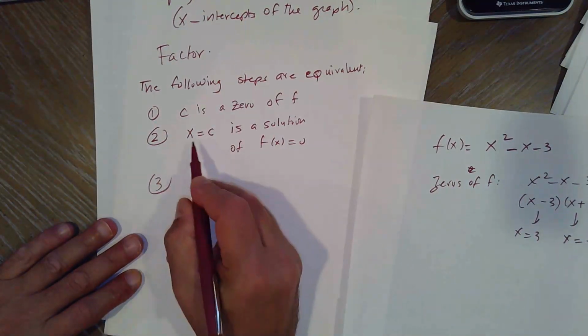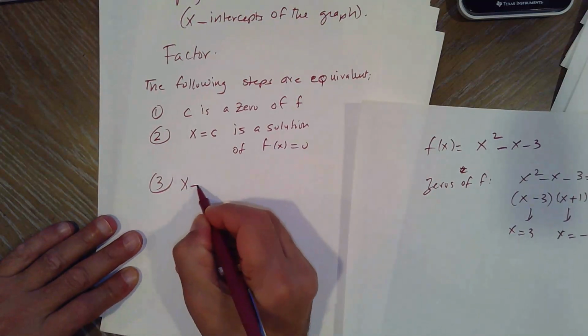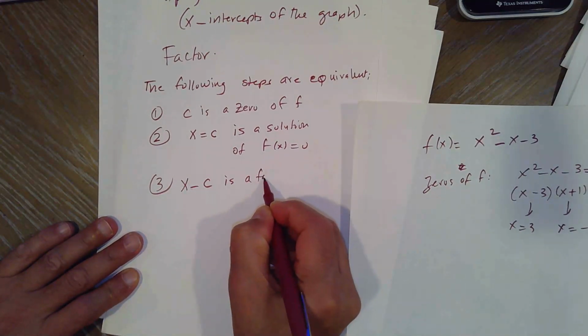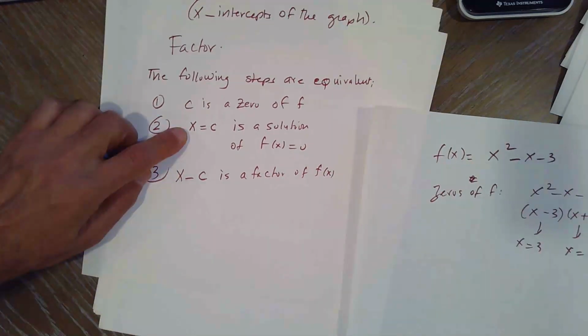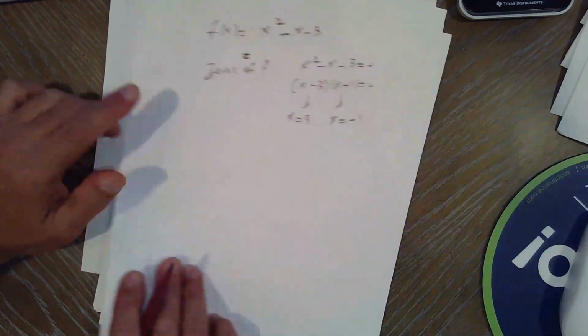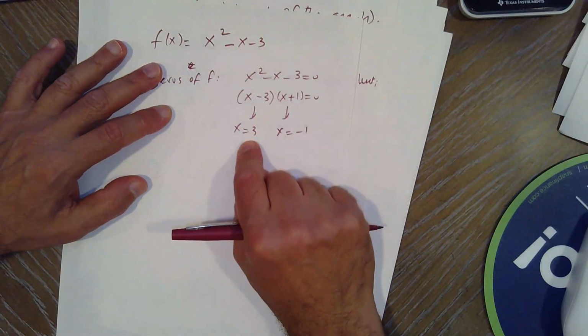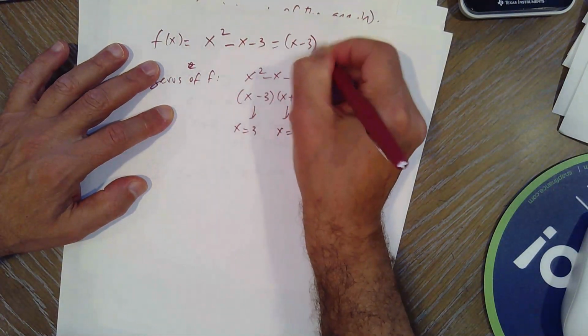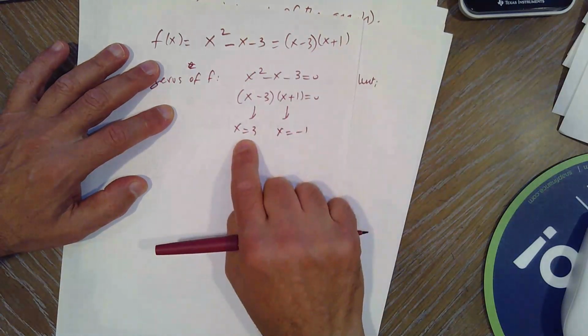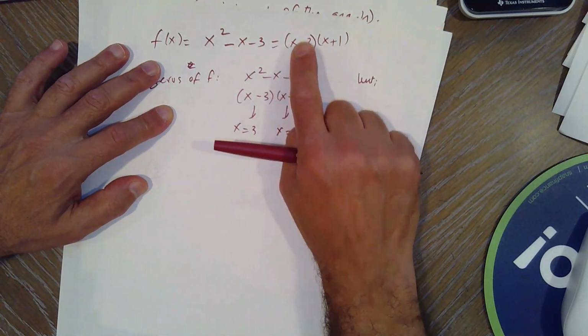And also, if x equals c is a solution, then x minus c is a factor of f of x. A zero gives me a factor, and a factor gives me a zero. This is x minus 3, x plus 1. If x equals 3 is a zero, x minus 3 is a factor.